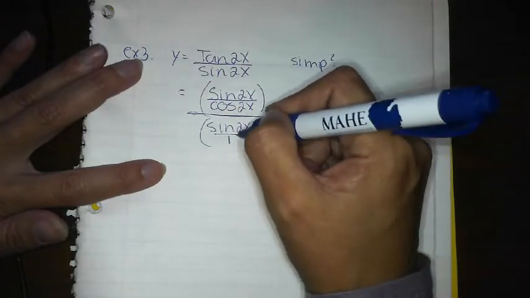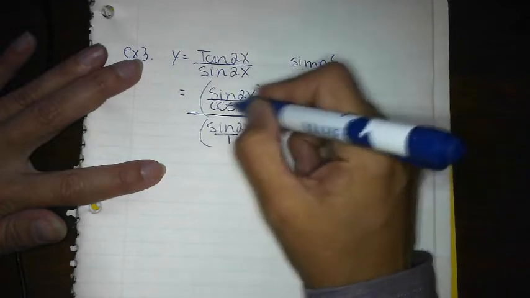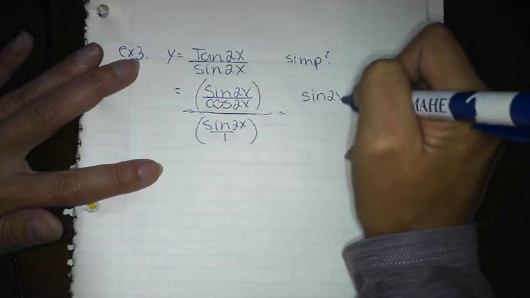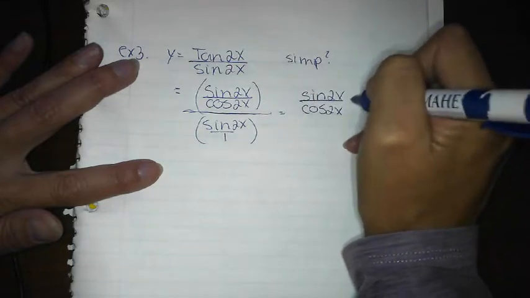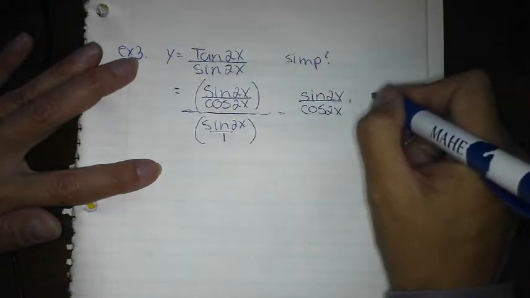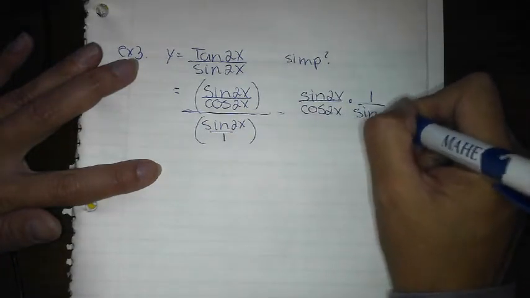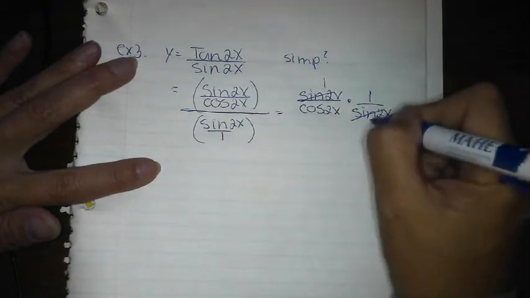So see this as fraction divided by second fraction. Rule is multiply by the reciprocal. So we will keep this fraction the same, multiply by this reciprocal. There is some simplifying that can happen.